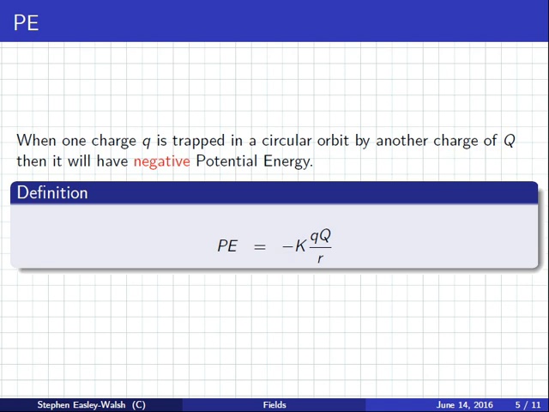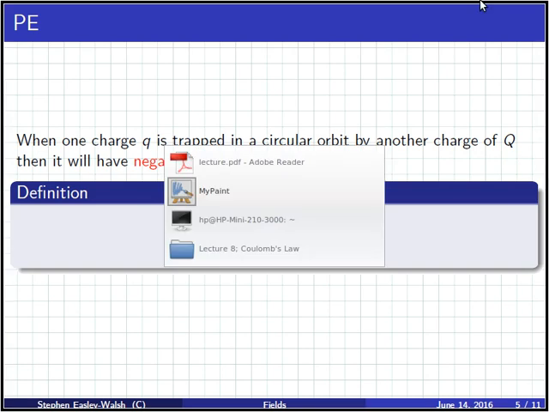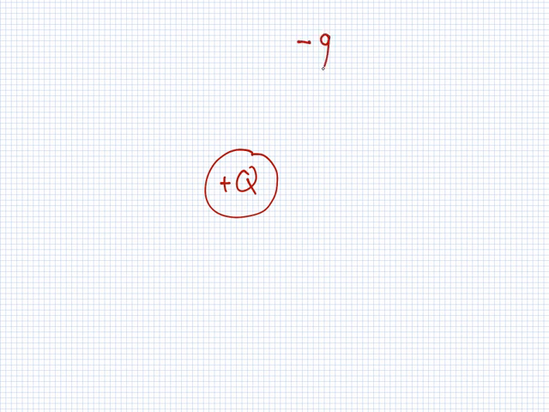Now this actually turns out to be quite useful for something you do in chemistry. In my picture here, I'm picturing something like this. This is a big charge, we'll call it plus Q. And this is a small charge, and I'll say it's a minus q because I want it trapped.